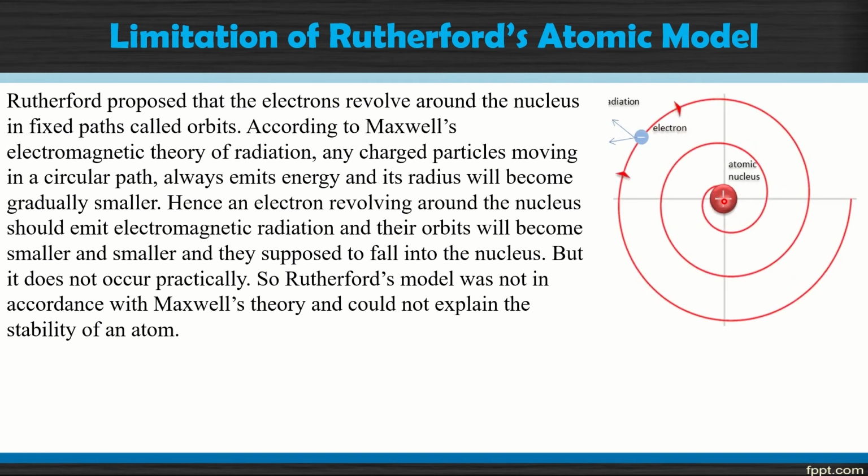Look, when this charged particle electron moves in a circular way, gradually its radius becomes smaller, and one time it will come to the center. If the electron comes to the center, then the stability of the atom will be lost. So, there is a great limitation of Rutherford's atomic model. Rutherford did not make this clear.